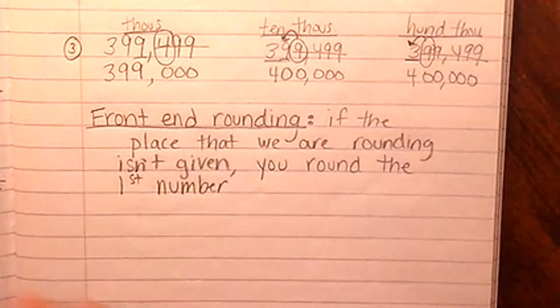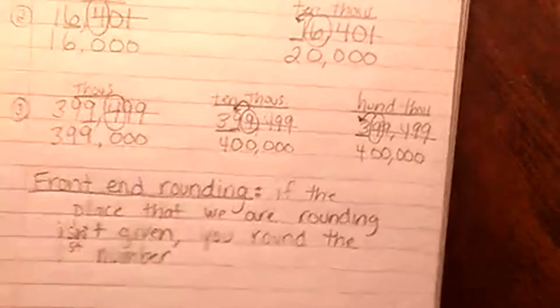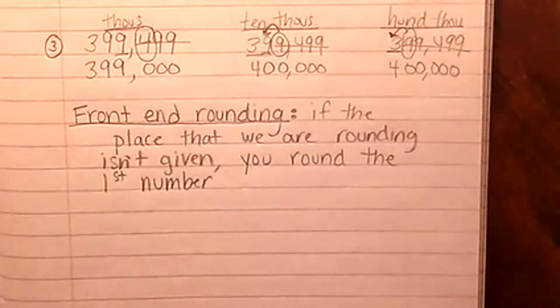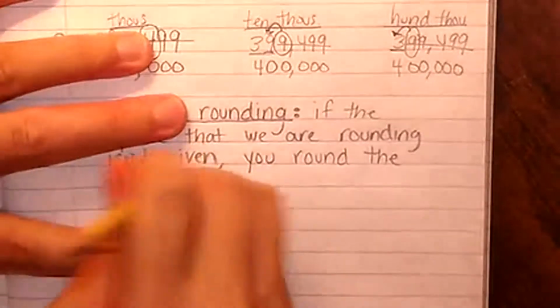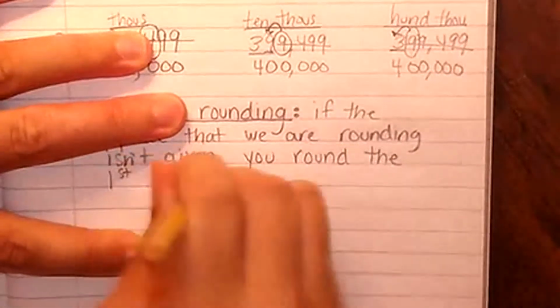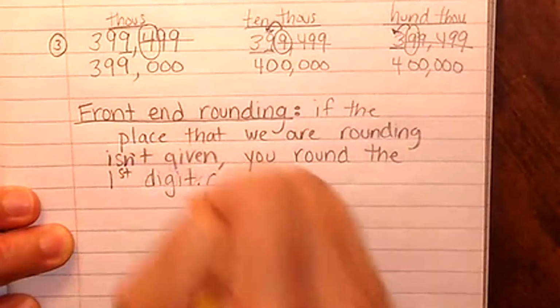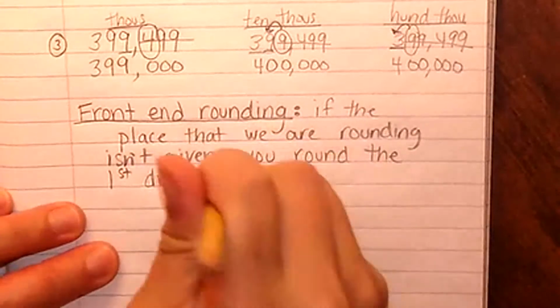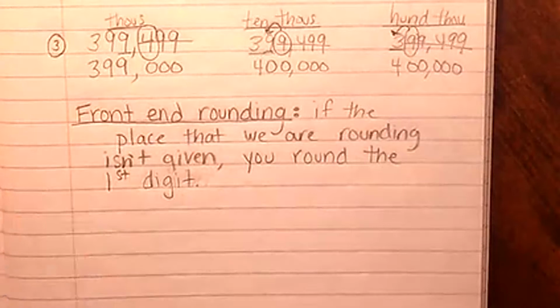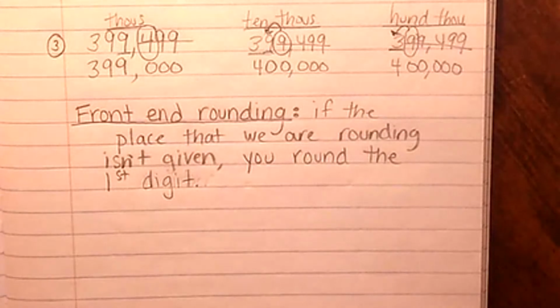And instead of number, I should have said digit. Not number, the first digit. All right, so if the place that we're rounding to isn't given, you just round the first digit. I can give you an example.